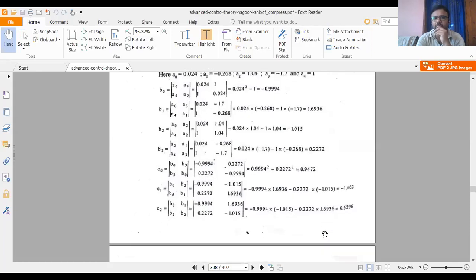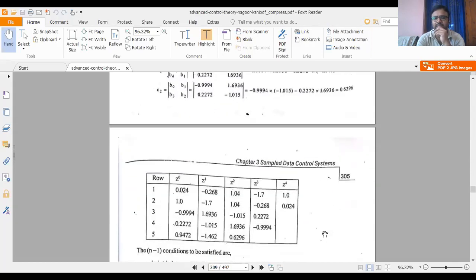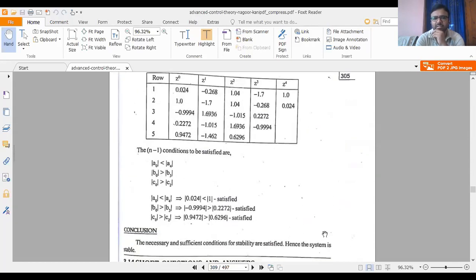After that, we have to check the necessary and sufficient conditions. That is nothing but the n minus 1 constraints that must be satisfied. The first constraint is a0 should be less than a4, so 0.024 is less than 1.